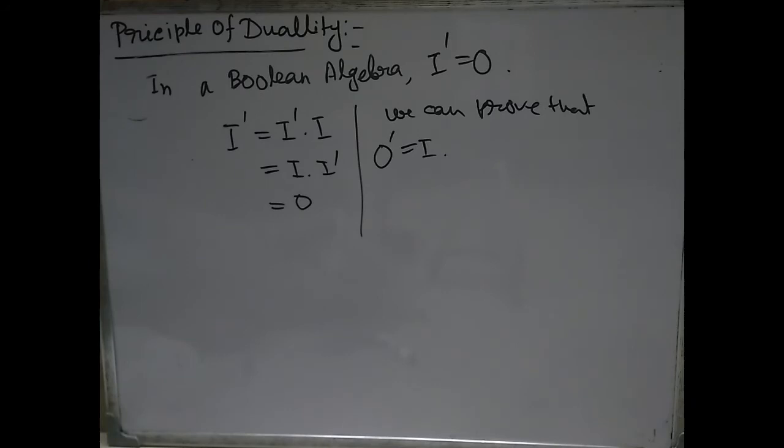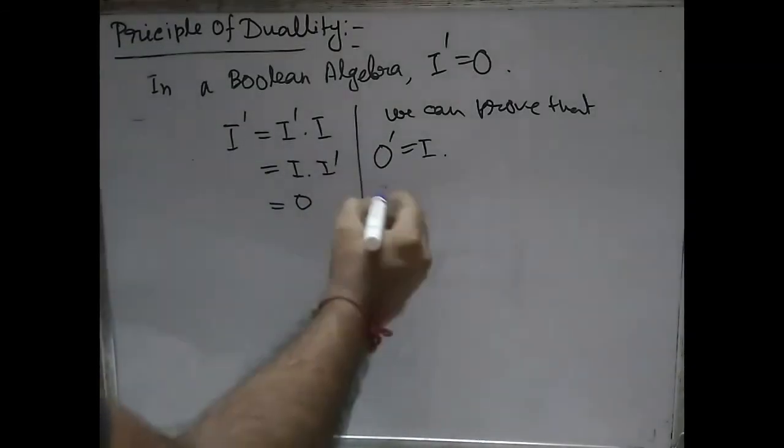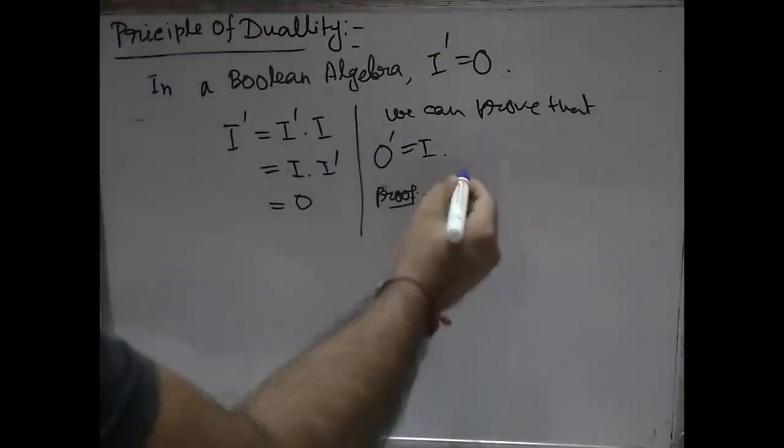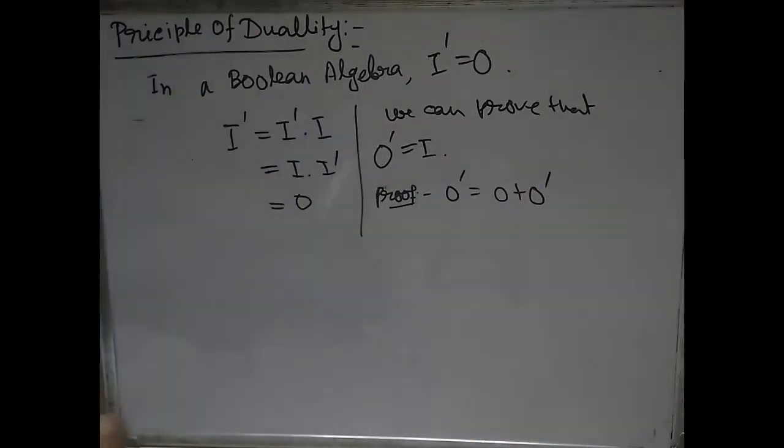So 0 dash proof. 0 dash is equal to 0 plus 0 dash.